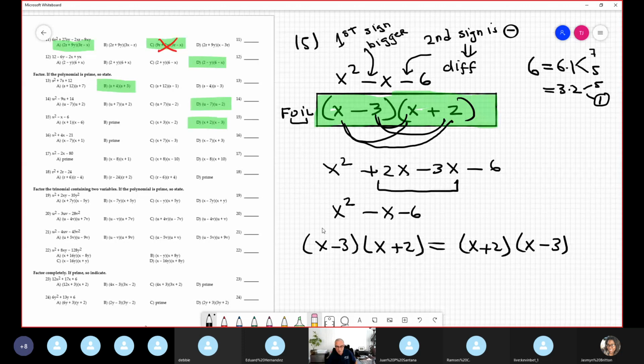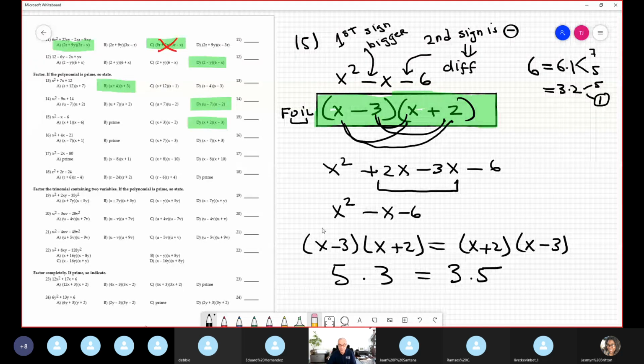What is the difference between multiplying 5 times 3 and 3 times 5? No difference. The answer is 15. So you can interchange that. You need to be aware because sometimes in the solutions, the student or the teacher copies in a different order, but I don't care. It's totally irrelevant, the order. Follow me or no?